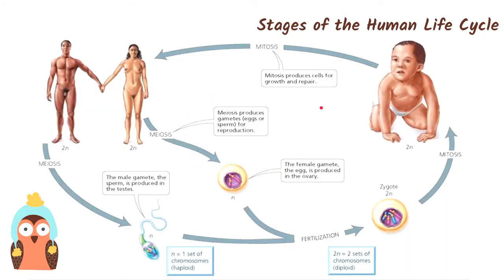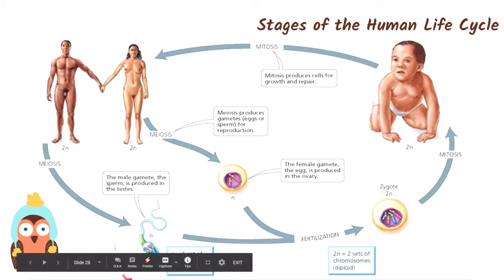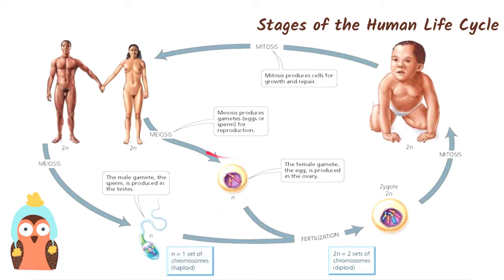This diagram shows us the stages of the human life cycle, and it also shows us the interaction of mitosis and meiosis in order to perpetuate life. Similar to our discussion in sexual reproduction, if you still remember that video, we all start with a haploid sperm cell and a haploid egg cell. Those are products of meiosis.